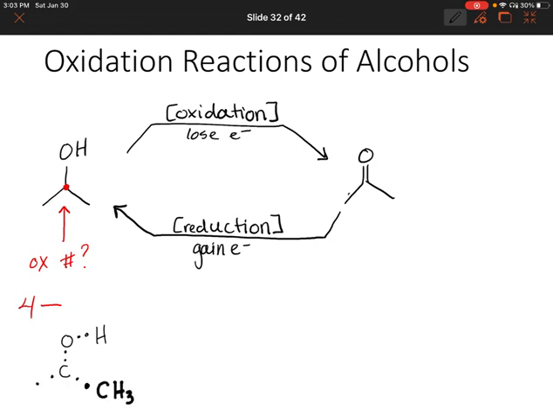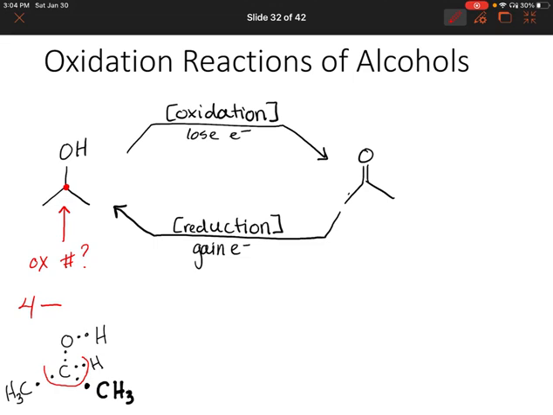I'm just going to write CH3 for these groups off to the side. And then there is a hydrogen in the back. Carbon is more electronegative than hydrogen, so it's going to own both of those shared electrons. Carbon has the same electronegativity as our other carbons, so they would split those electrons equally.